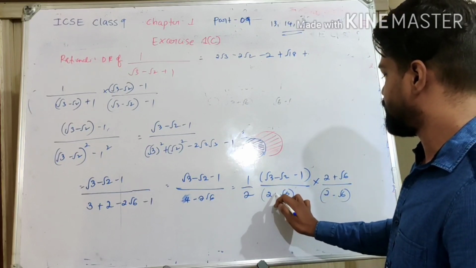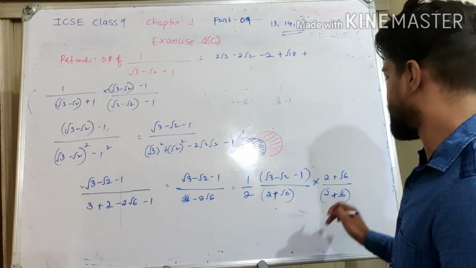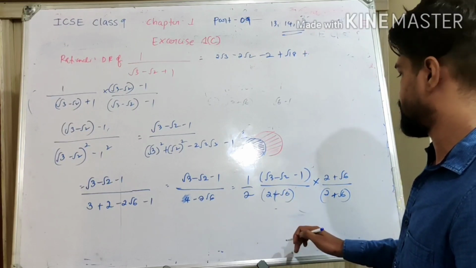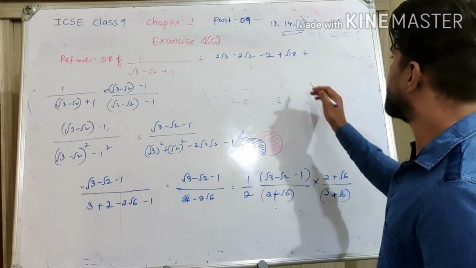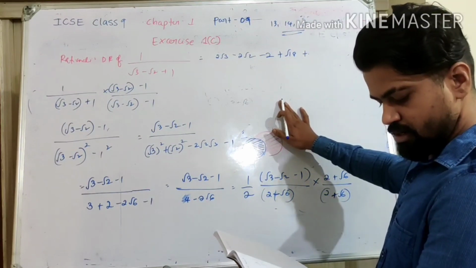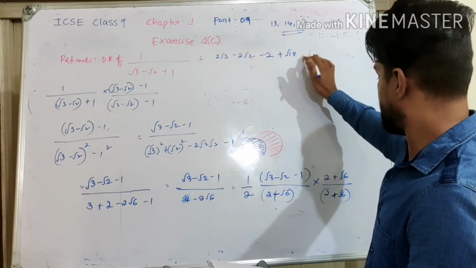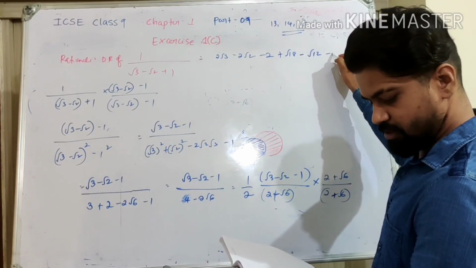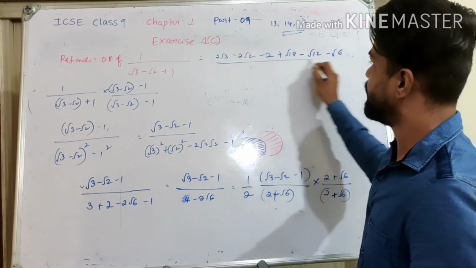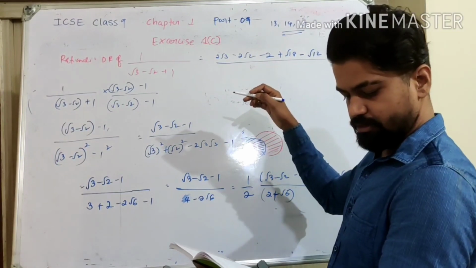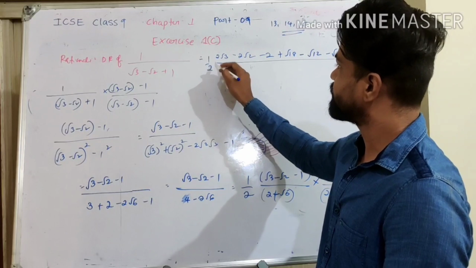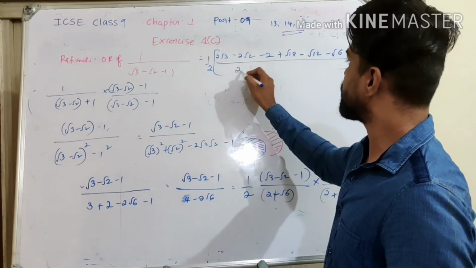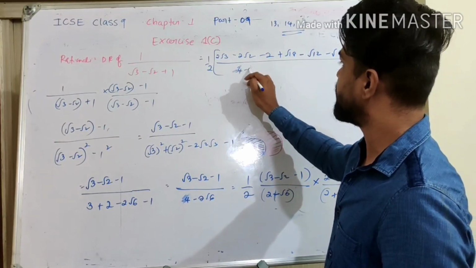Yeah, this is a plus, this is plus. So we end up with, yeah, so this will be plus root 18, what we're getting, and then minus root 12 minus root 6 divided by, anyway 1 by 2 we had, right? So this will become 2 square is 4 minus 6.